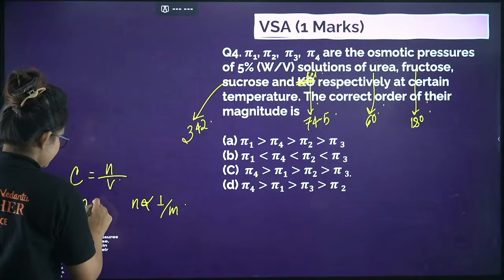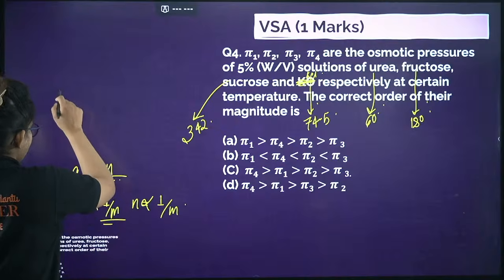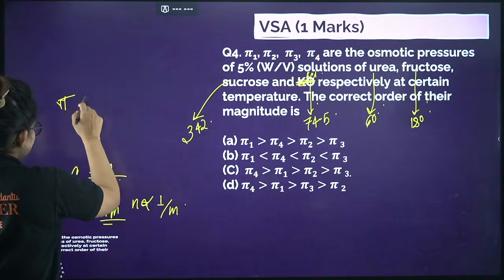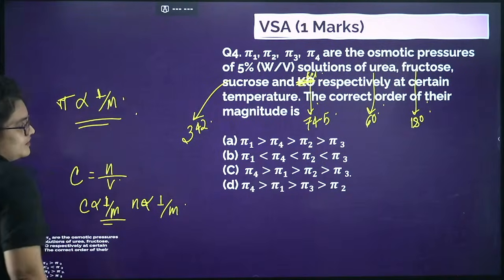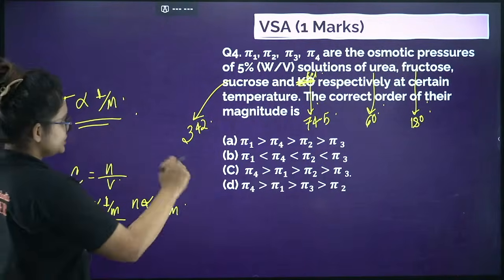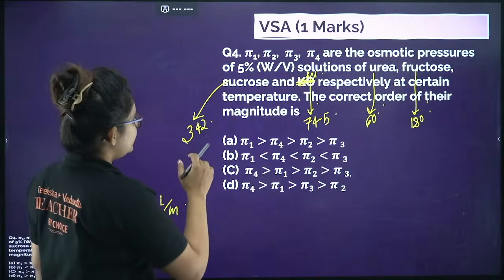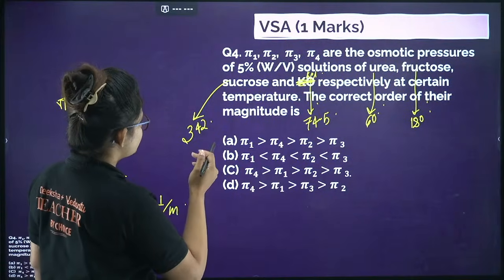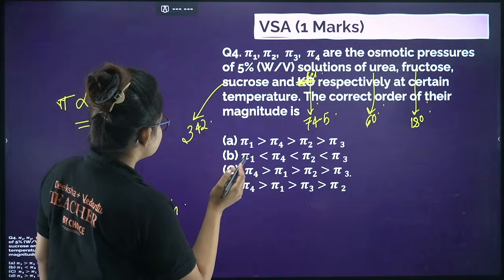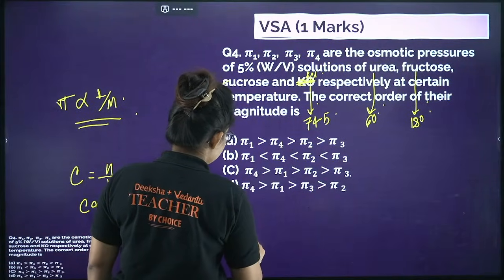So concentration is also inversely proportional to the molecular weight, and hence pi is also inversely proportional to the molecular weight. If you arrange them, the maximum molecular weight is for sucrose, so sucrose will come first, at first sucrose means pi 3.